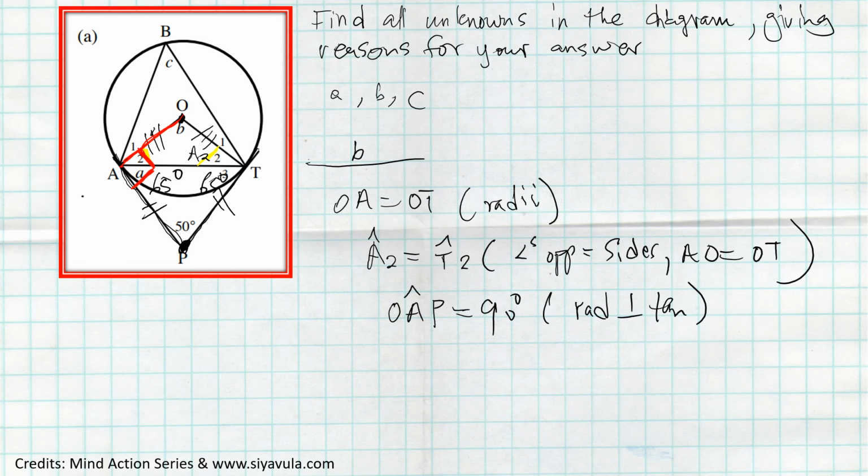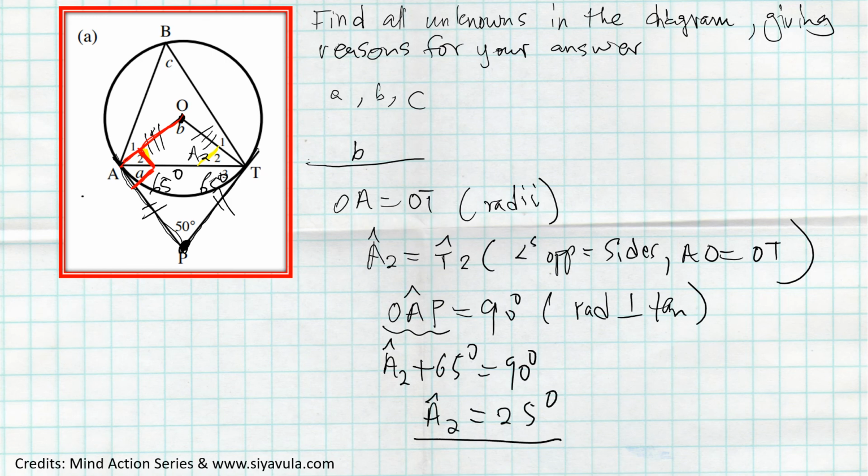Then we can solve for A2, because we have our A2 on this angle plus 65 degrees is equal to 90 degrees. So 90 degrees minus 65 gives us 25 degrees, meaning that our A2 will be 25 degrees.